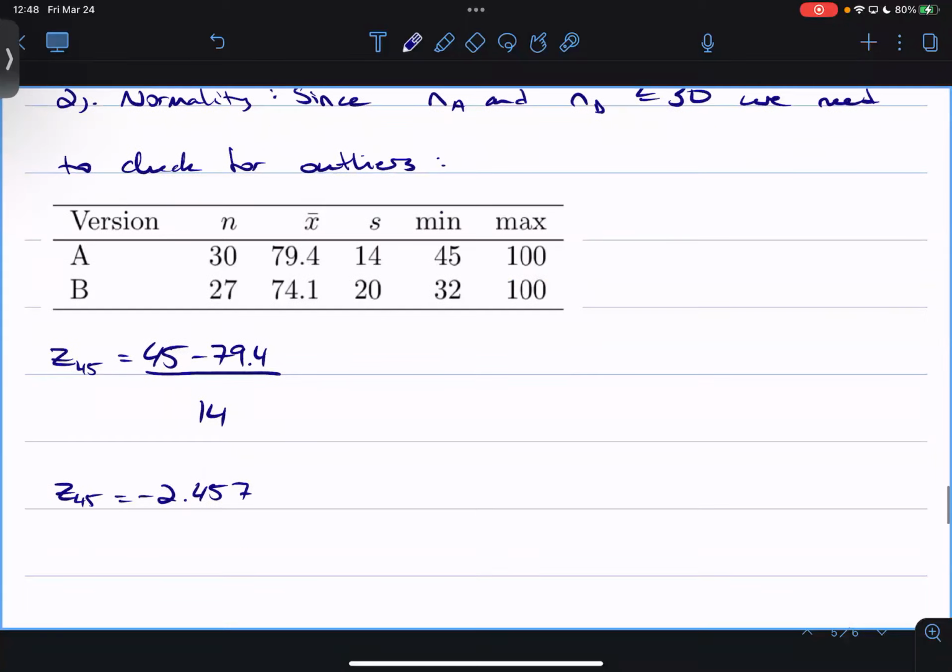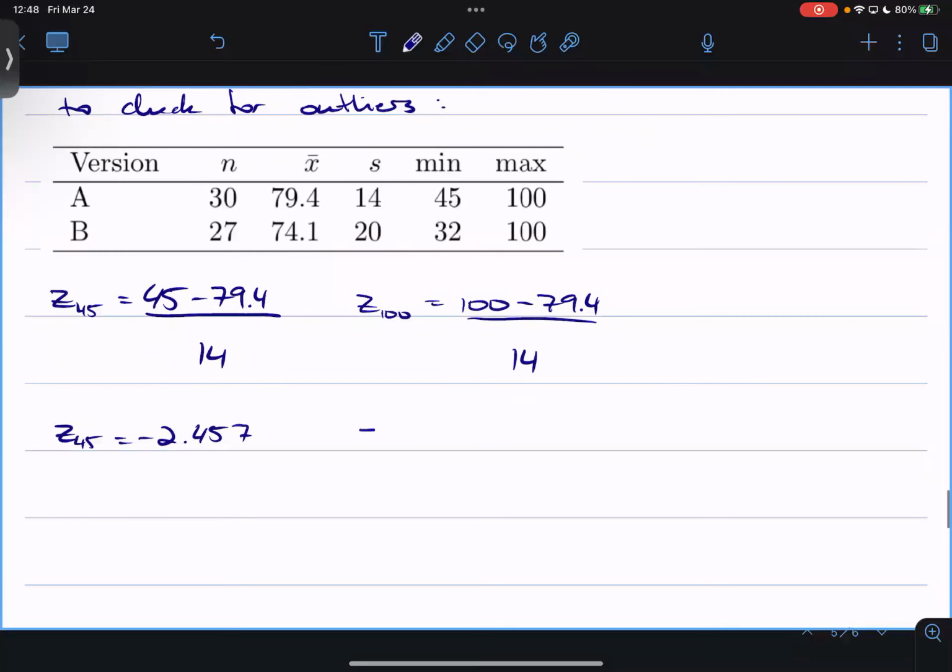And it's still not larger than 3 standard deviations away. So 100 minus 79.4 divided by 14 is 1.471.